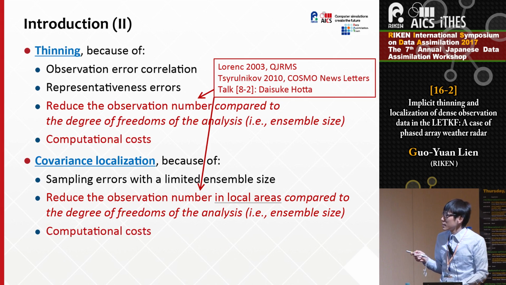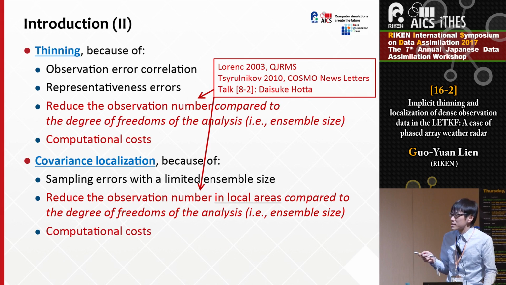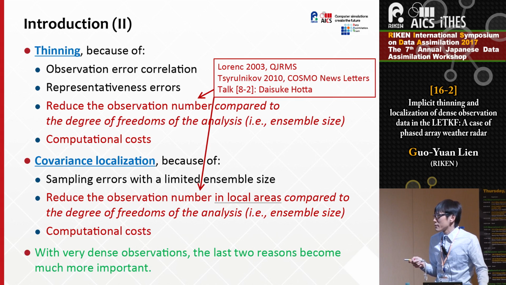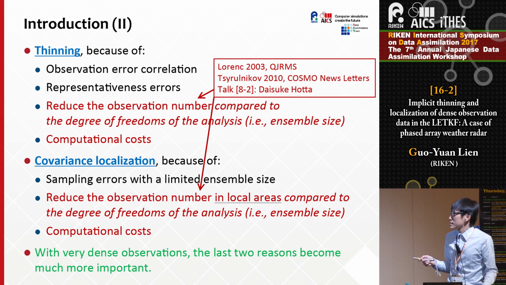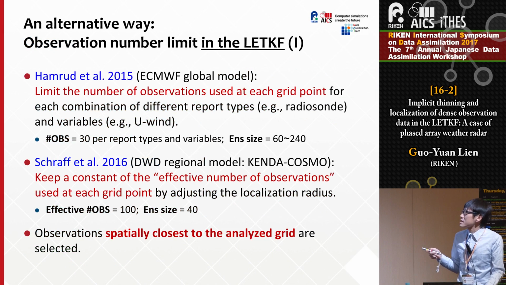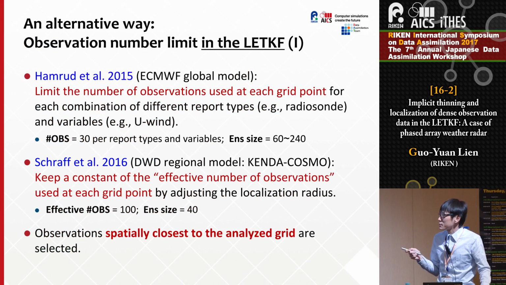Another important reason is the computational cost, because with too many data the computation becomes very expensive. With very dense observation data, we think these two reasons become much more important, because our ensemble size can never beat the number of observations, and the computational cost is very expensive. So there is an alternative way to do this kind of localization and thinning.